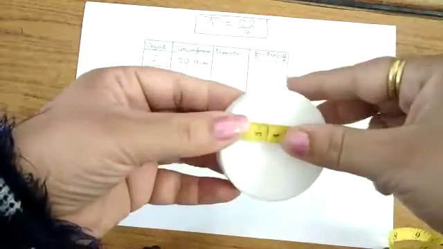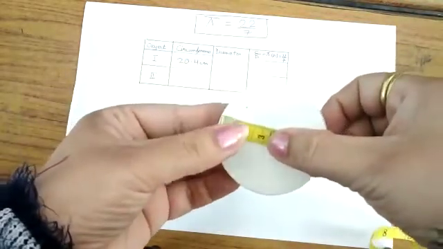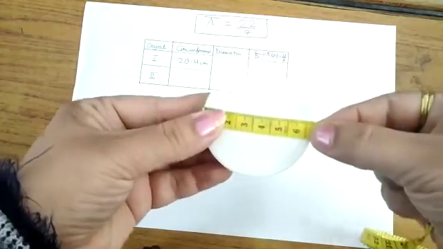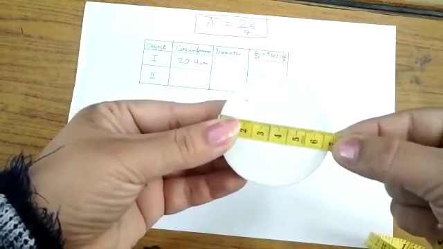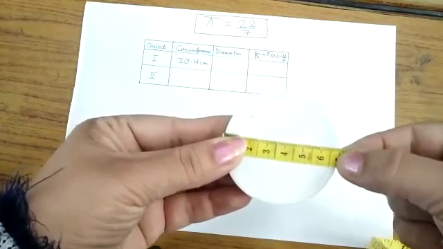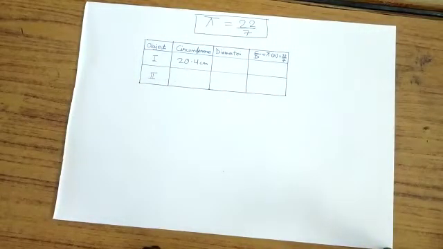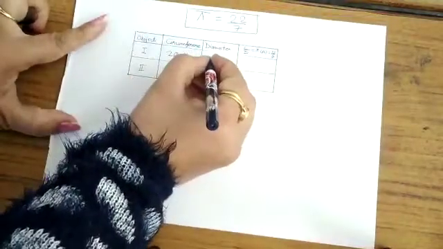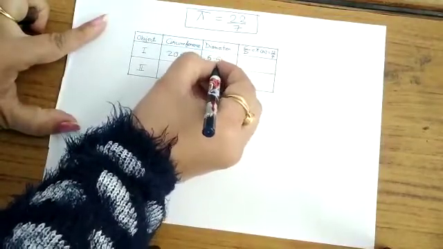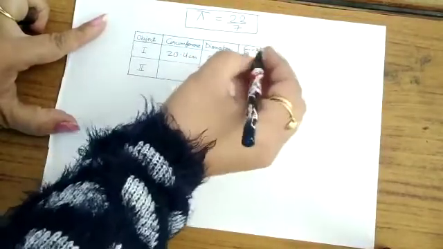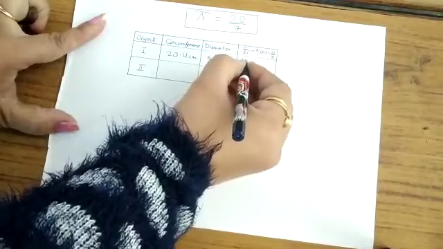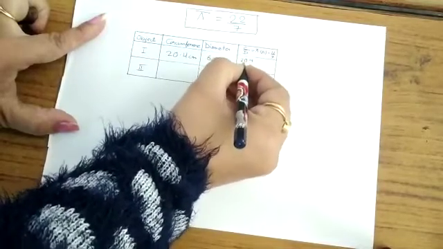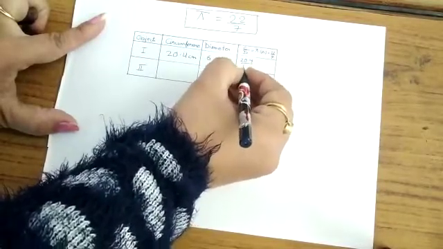Again we will measure its diameter like this. Here it is coming 6.5. So now I will write its diameter is 6.5 centimeter.